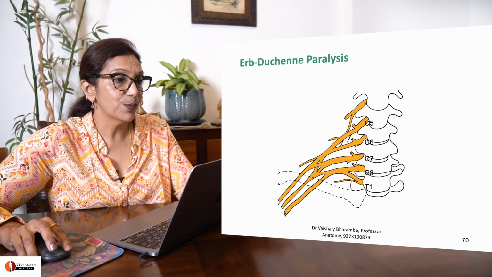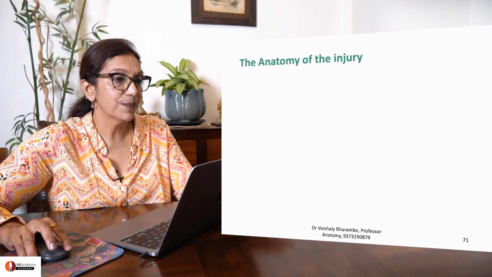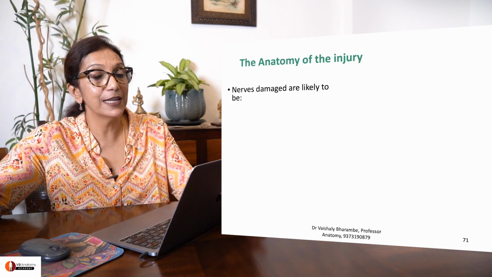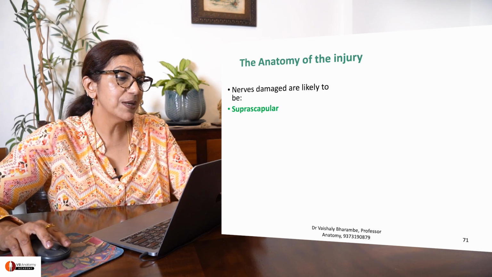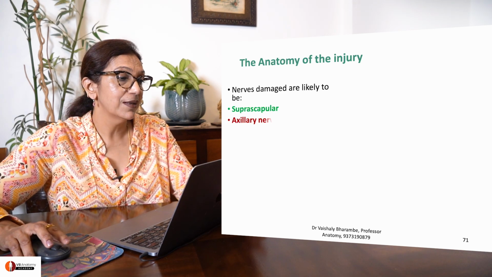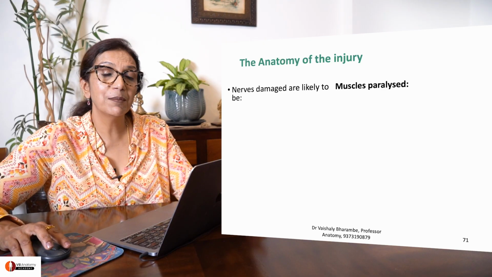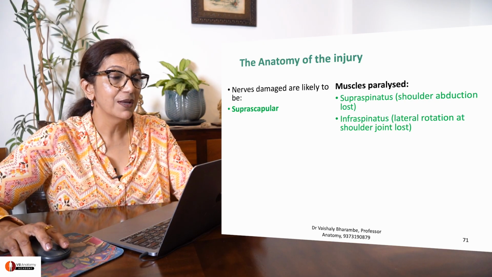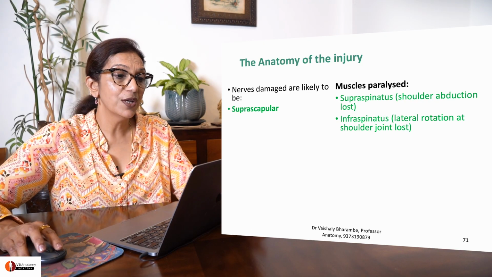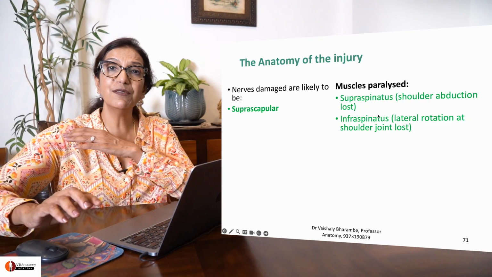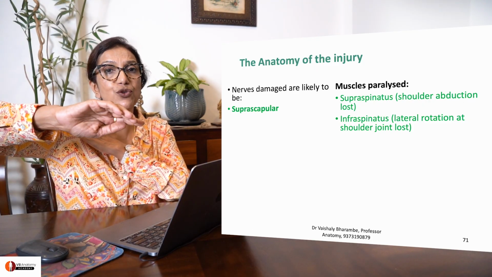Okay, so here is the damage. Let's understand the anatomy of the injury and the resultant lesion. Nerves damaged are suprascapular, axillary, musculocutaneous. The muscles paralyzed: when the suprascapular is damaged, you lose your supraspinatus and infraspinatus, muscles which are involved in abduction at the shoulder joint.